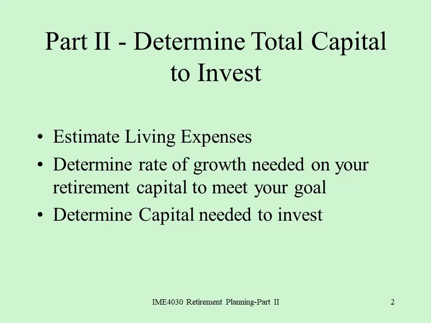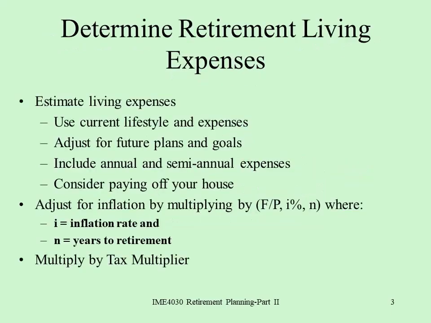Let's go to slide number 3 and talk about determining what our retirement living expenses will be. The strategy we're going to use is to estimate our living expenses first using our current lifestyle and expenses and adjusting for future plans and goals, and we're going to do it using today's dollar amounts.